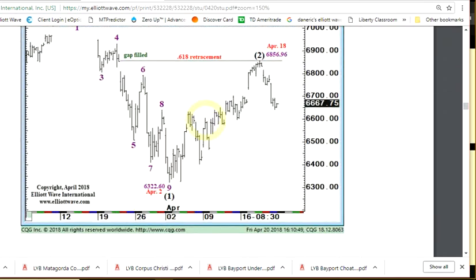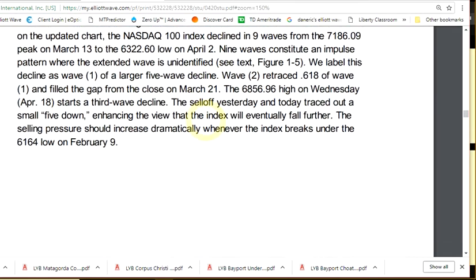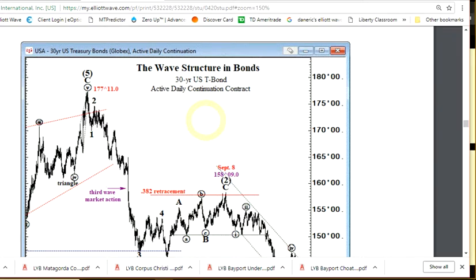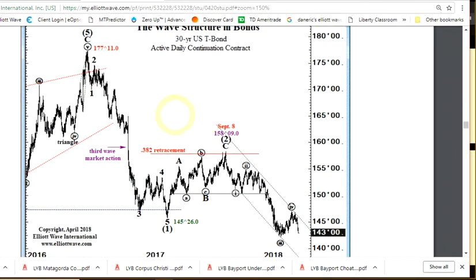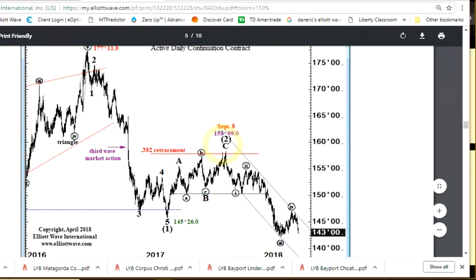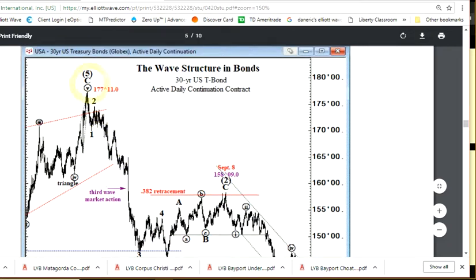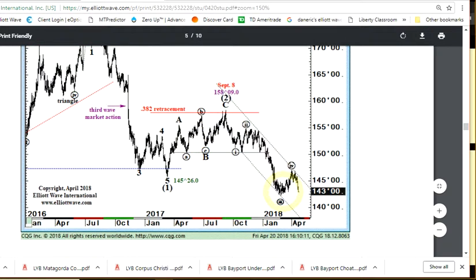Since we're looking at this, I want to just go to the bond market. They usually comment on the bond market. So here's the 30-year U.S. Treasury, and you can see here's your wave 1, here's your wave 2, here's the top. This was the top of the bond market, and wave 3 has already begun. So we've got 1, 2, 3, 4, 5.